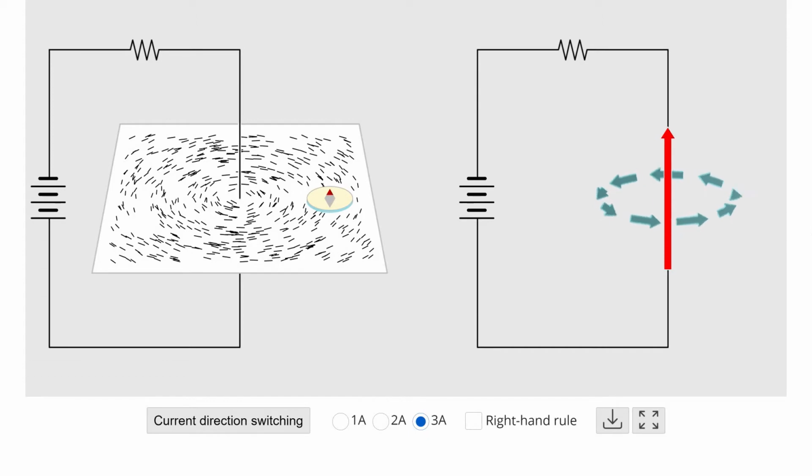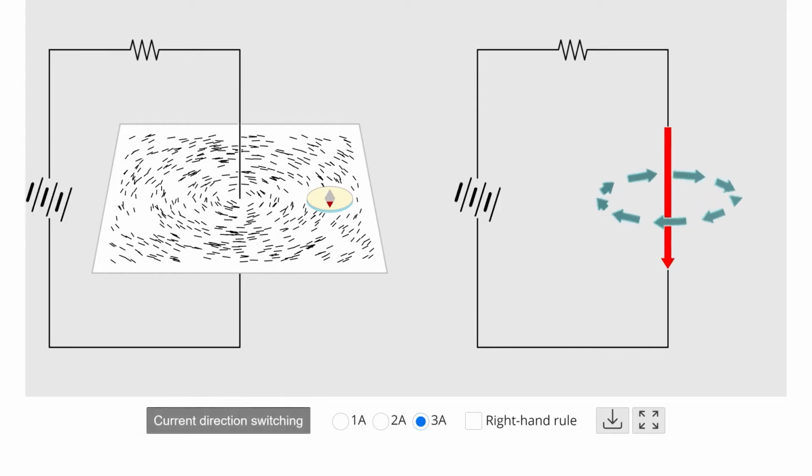But one of the other things we could do is change the direction of the current. Now the pattern doesn't change, but what does change? Have a careful look. Look, the direction that the compass needle was pointing in changes. And I want to just make sure we've got that in terms of using the right-hand rule.